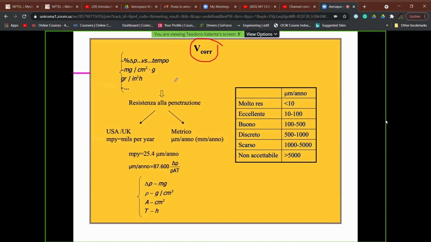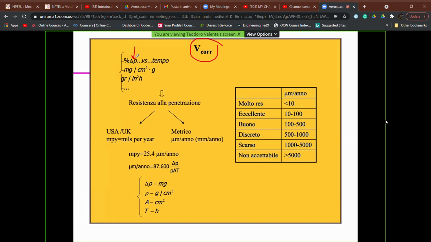And the corrosion rate can be expressed in different ways. Sorry for the Italian, but I will be clear, I hope, just explaining to you. One possibility is to think, for example, of weight variation of the material of the component which is undergoing the corrosion phenomena.